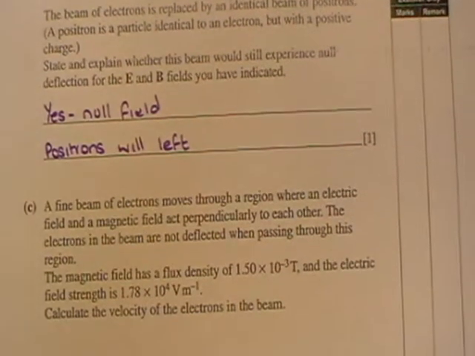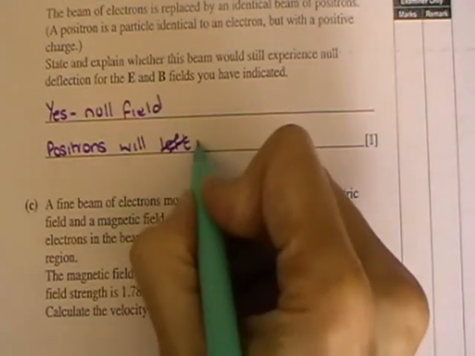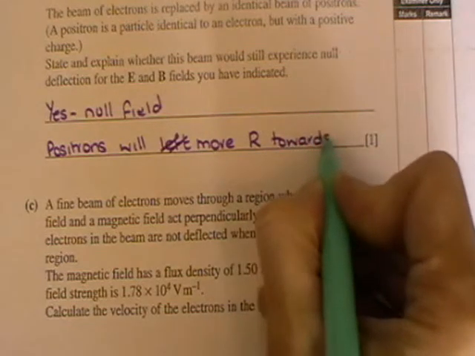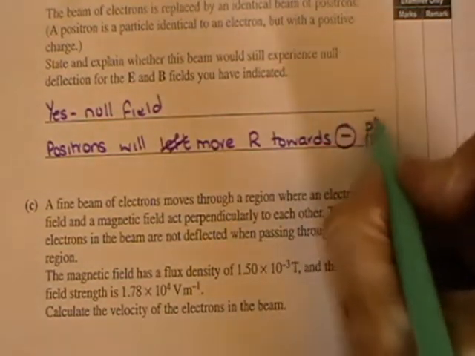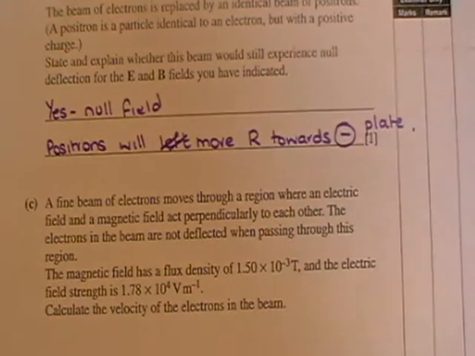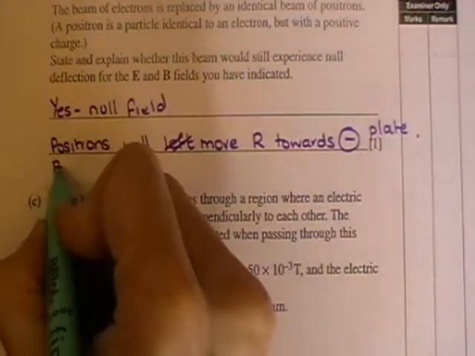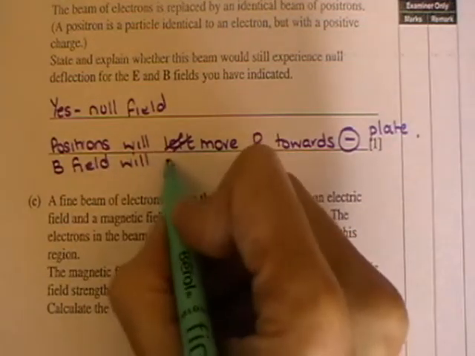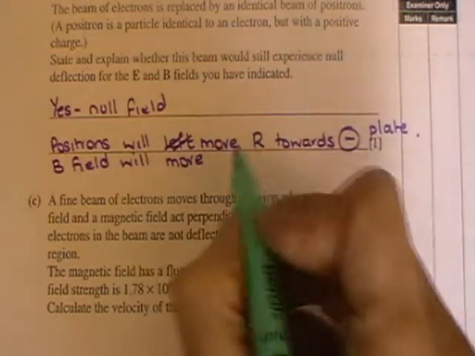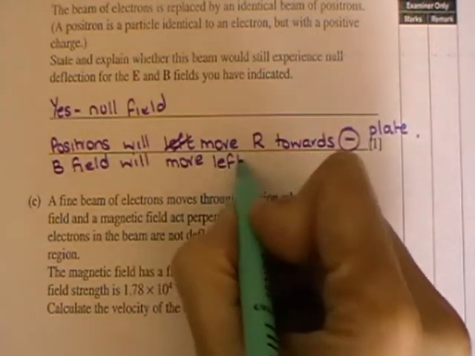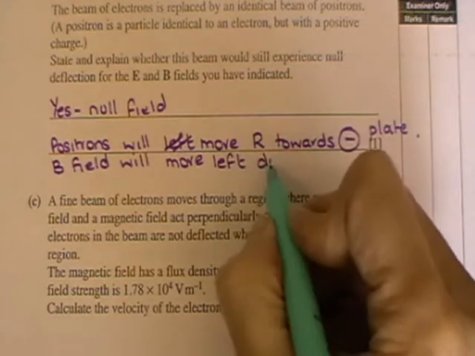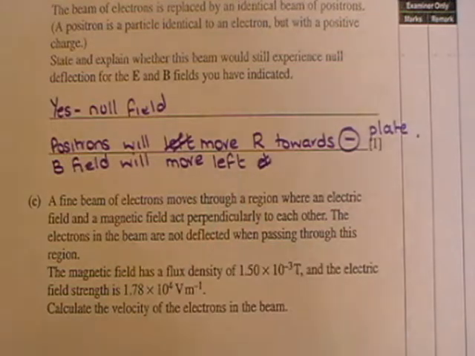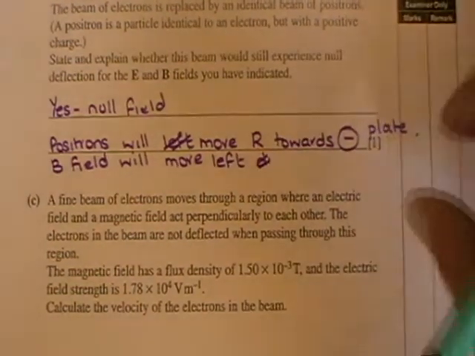Sorry, they'll move right towards the negative plate, and then the B field will move them left. So the B field will move the positrons left, and therefore there will still be a null field happening there.